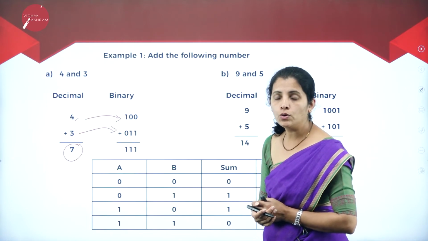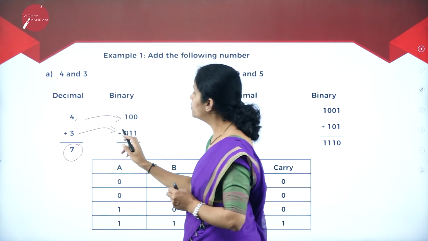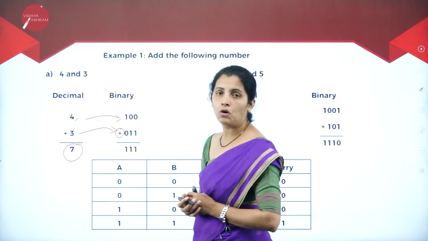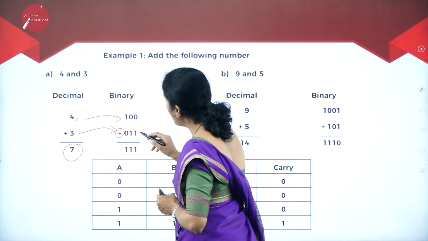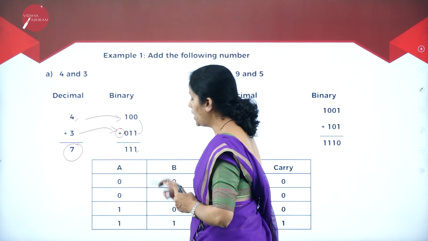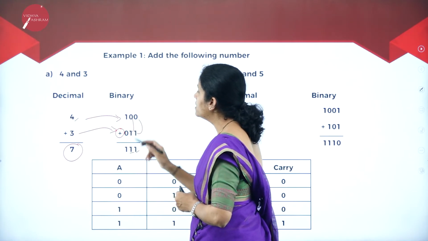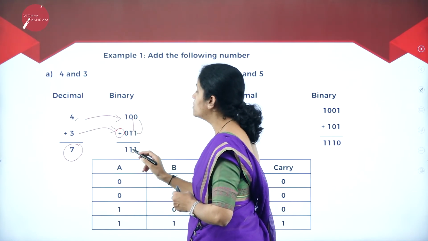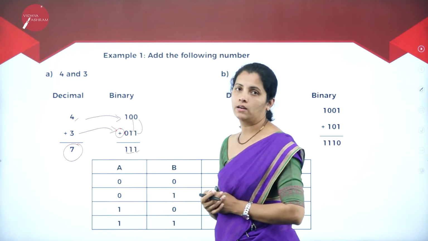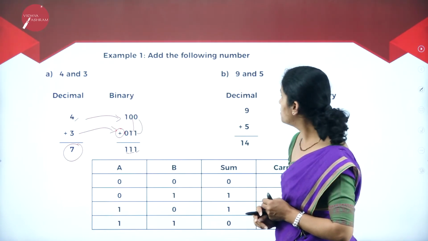Now I am going to perform the addition operation. So I am going to write the operator called plus. So I will add 1 plus 0, I am going to get 1. 1 plus 0, I am going to get 1, and 1 plus 0, I am going to get 1. This is the way I can add 2 numbers.